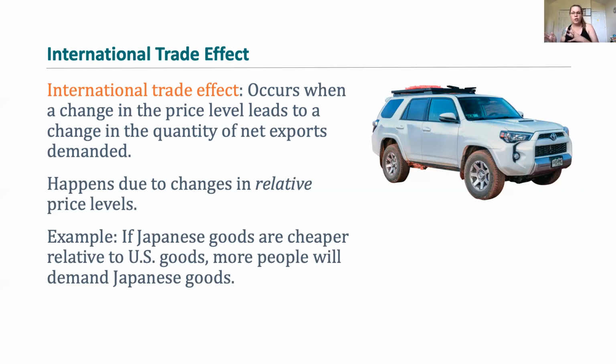The price of foreign goods would be relatively cheaper, even though those prices haven't changed. And so exports will fall and imports will rise because we'll begin buying more foreign products. So if exports fall and imports rise, that means net exports get smaller. The international trade effect is going to be directly related to that variable NX in the GDP equation.